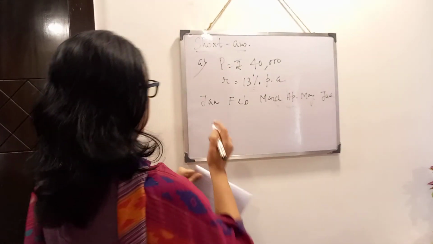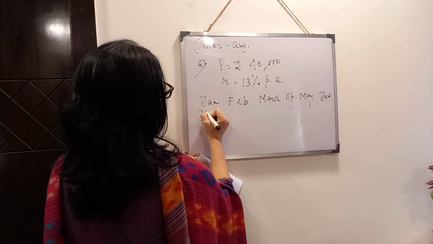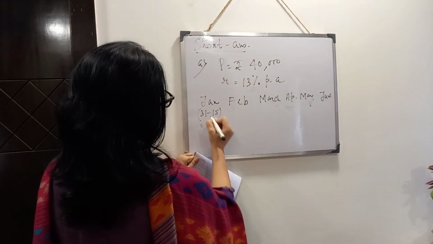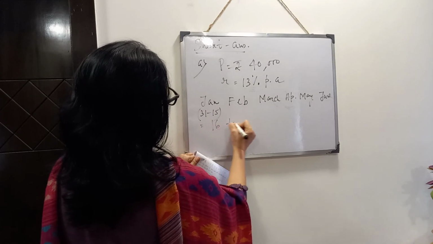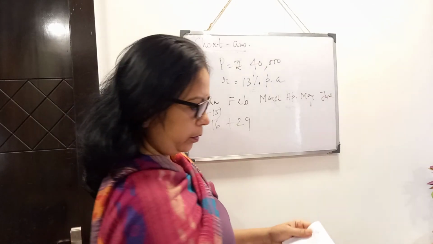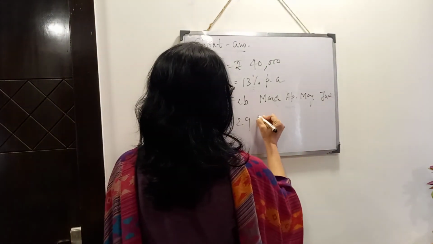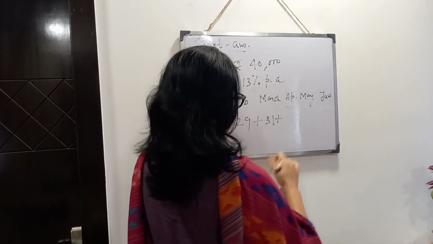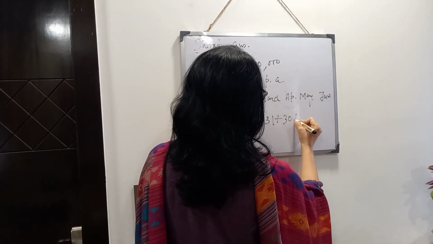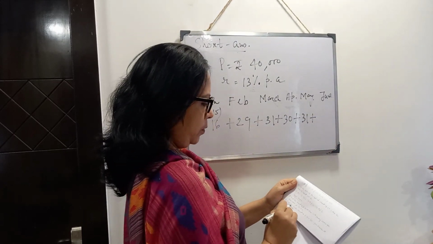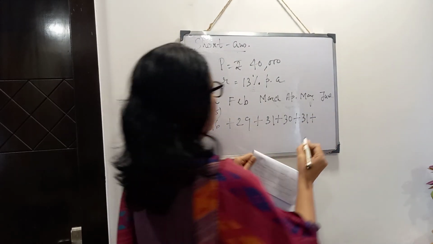So 31 days, 31 minus 15 equals 16, plus February 29 days, plus March 31, April 30, May 31, and June it is told 9th June.